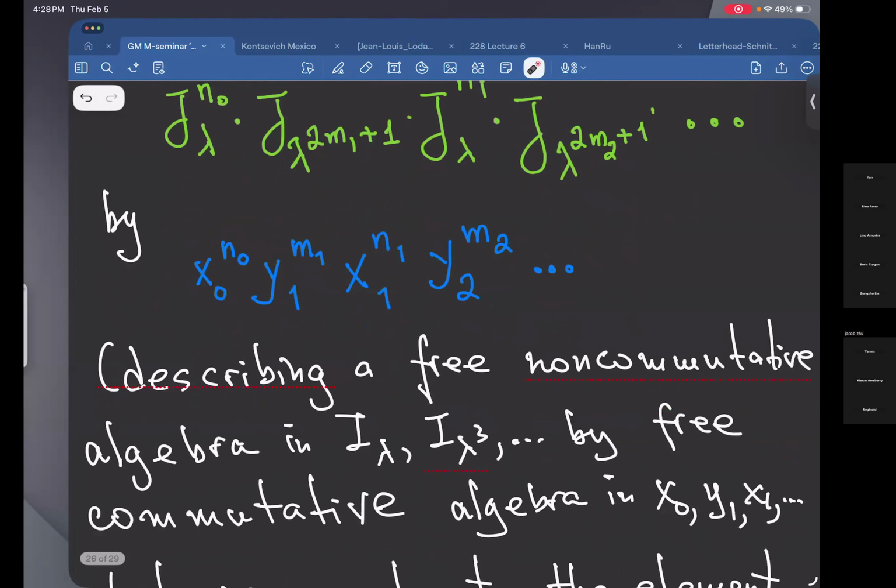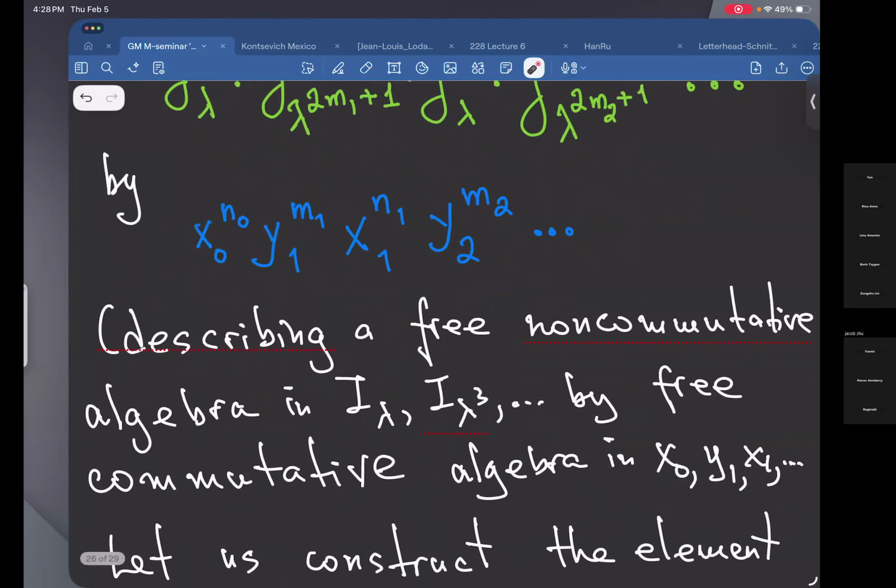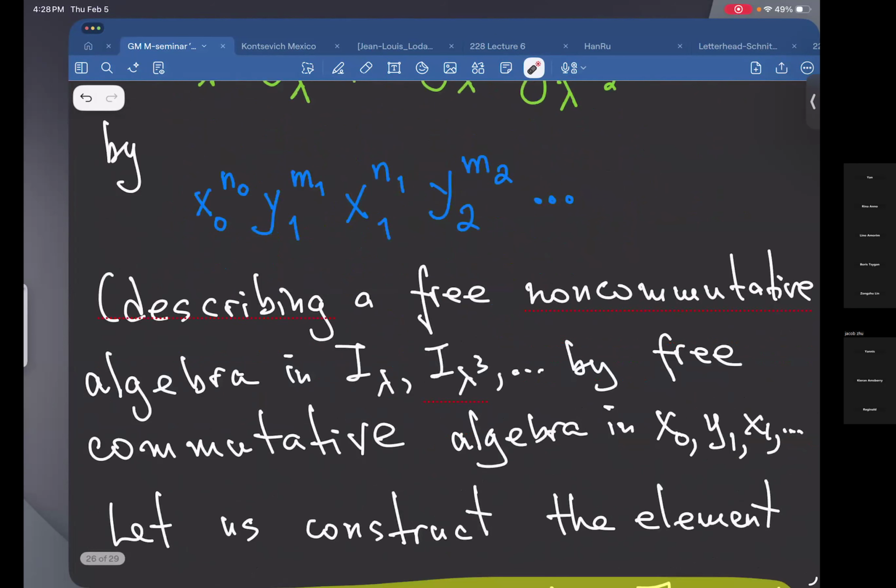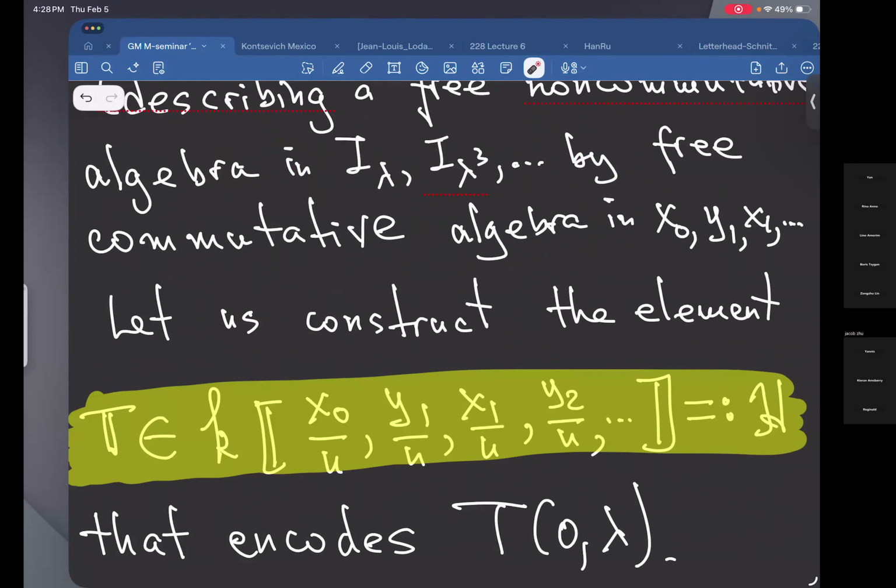Maybe it's not the place to dwell on that, but just let me say that the operators that I am going to describe will be encoded in some natural way, but it doesn't even precisely matter in what way, by polynomials in infinitely many variables, infinitely many x's and infinitely many y's, like this.